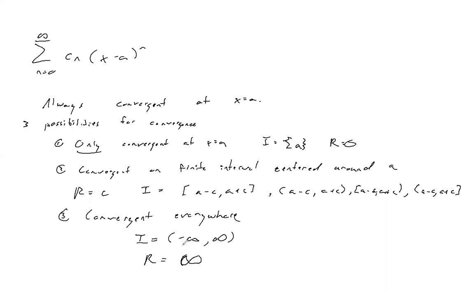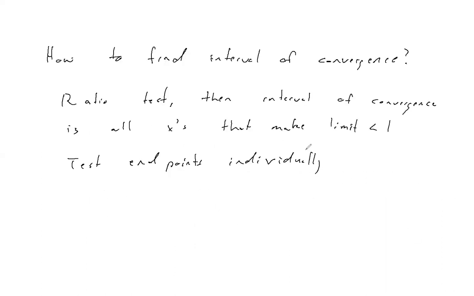So my interval of convergence would be negative infinity to infinity, and my radius of convergence would be infinity. How do we find this interval of convergence? We do the ratio test, and then we're looking for all the x's that make our limit less than 1. Those points are definitely going to be included. And then maybe the endpoints will be included, but we need to test those endpoints individually.